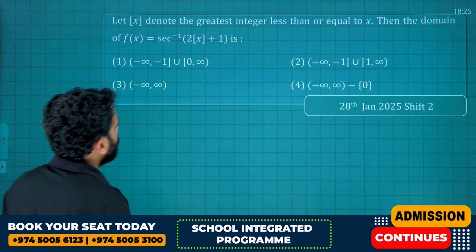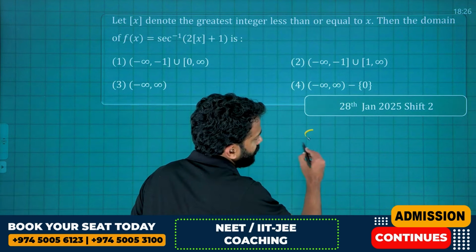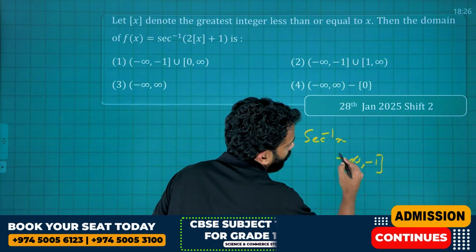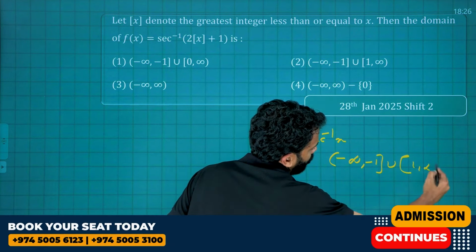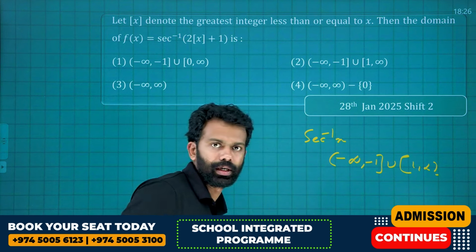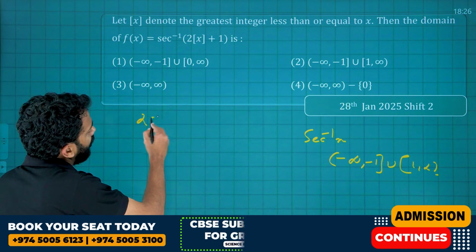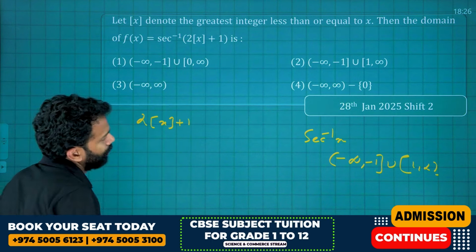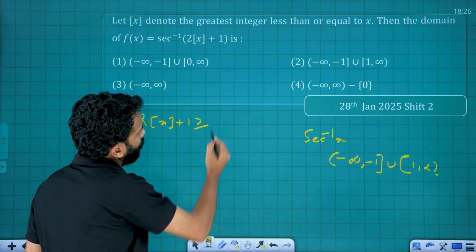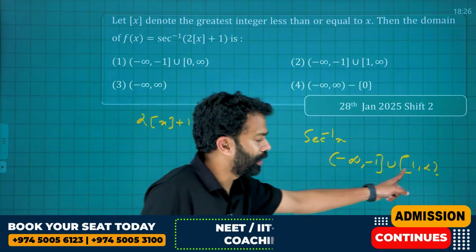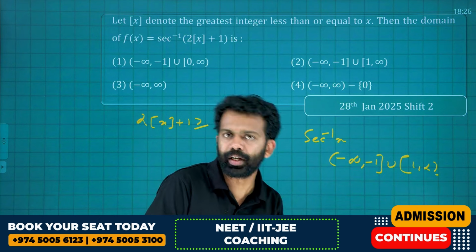Therefore, the domain of sec inverse of x is minus infinity to minus 1, union closed 1 to infinity. Let's operate both of them separately. That is 2 times box x plus 1 greater than or equal to 1. Closed interval 1 to infinity means greater than or equal to 1.